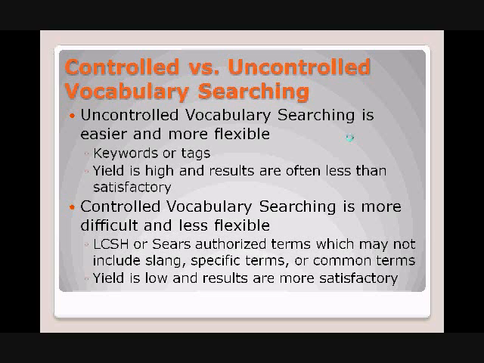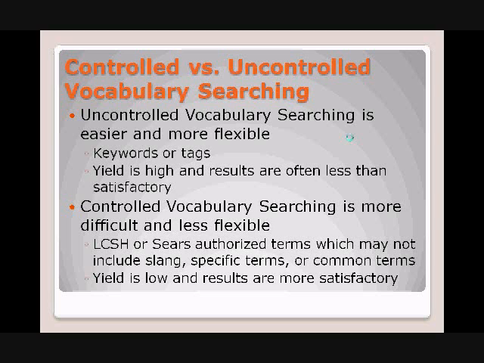On the other hand, controlled vocabulary searching is more difficult because you have to have a full understanding of the vocabulary that surrounds the topic that you are trying to search for information on. And sometimes when you're first exploring a topic, you don't have that vocabulary. And this is especially true for children. So that makes it more difficult and less flexible because you're dealing with a controlled list of subject terms.